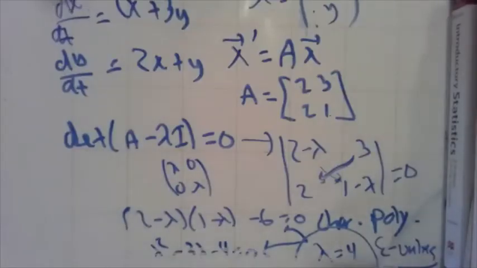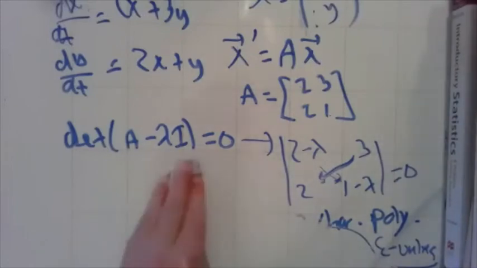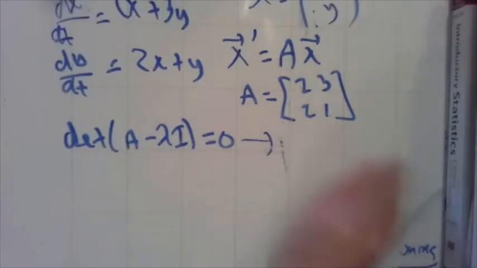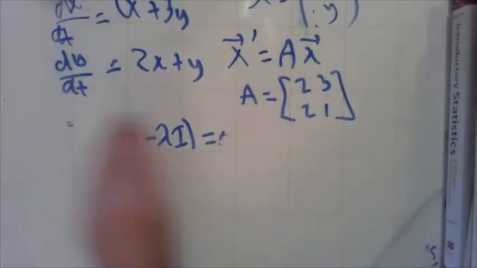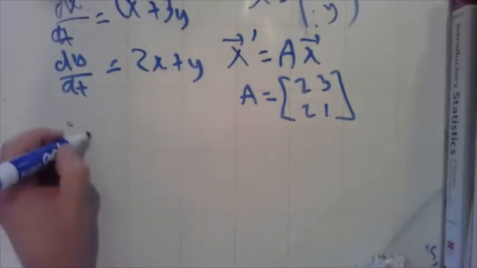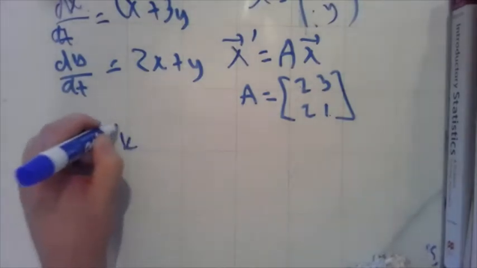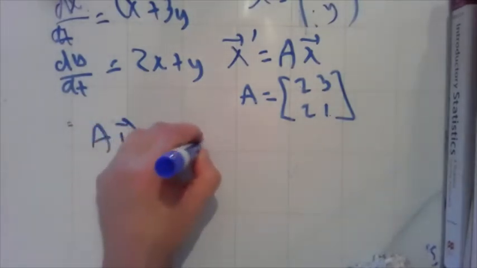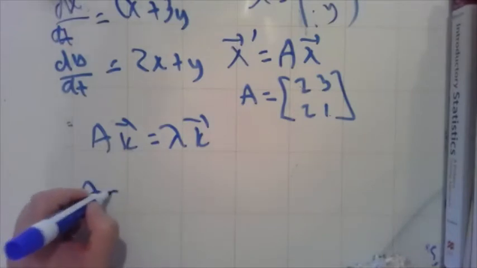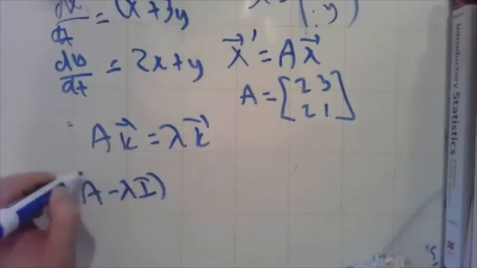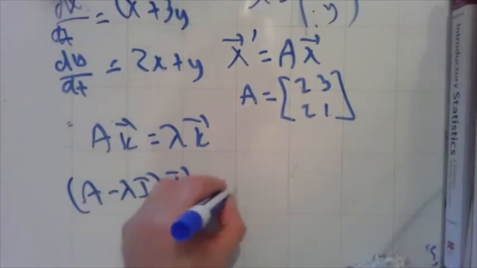Now, let's find our eigenvectors. There are two different ways to approach this. Remember, we had AK equals lambda K, or we had A minus lambda I times K equals 0.